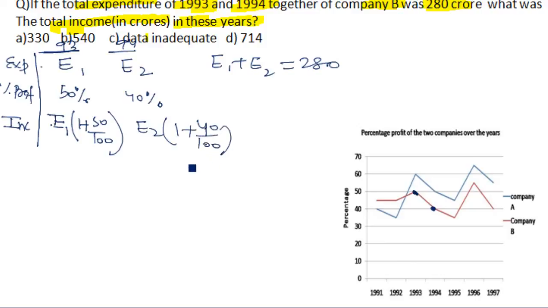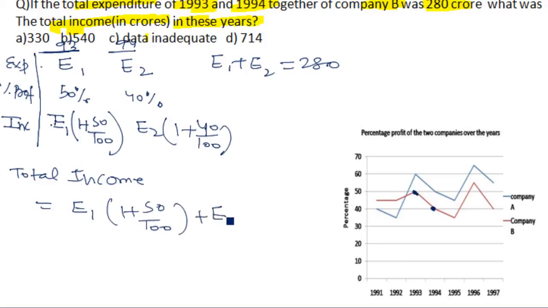So total income is E1 into 1 plus 50 by 100 plus this. Okay, this is total income.